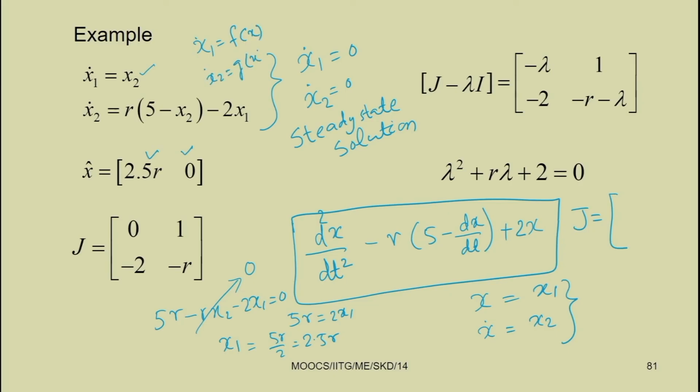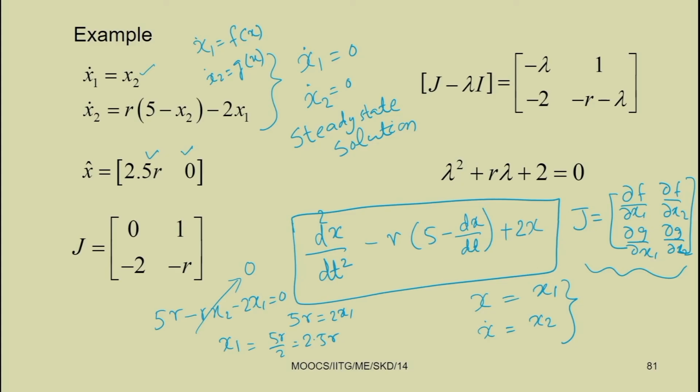The Jacobian can be found this way: in the first row, del f by del x1 and del f by del x2, and in the second row, del g by del x1 and del g by del x2. So, the Jacobian J equals this matrix.